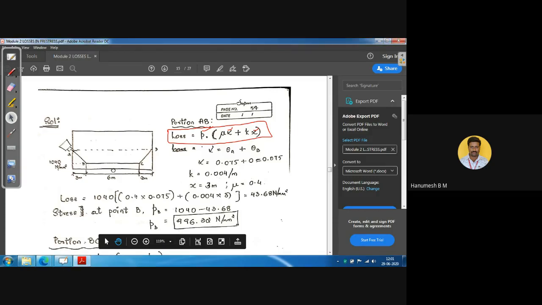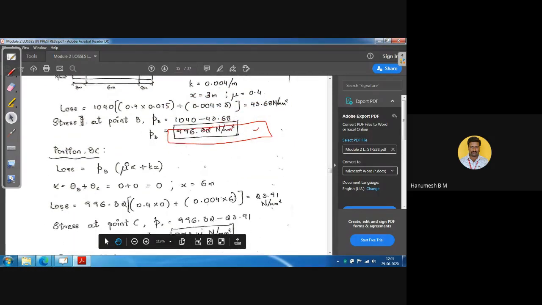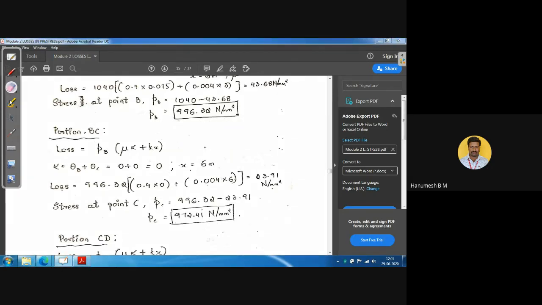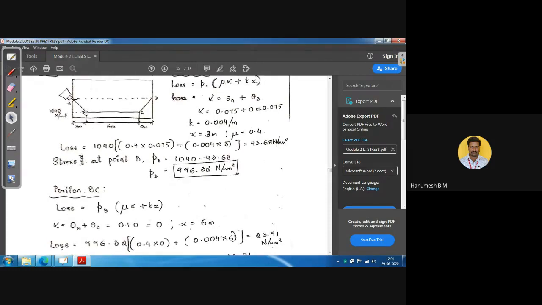Now I am going to consider the portion BC. For portion BC, the initial stress will be PB here. We consider this expression, loss is equal to PB into mu alpha plus Kx. Now for portion BC, alpha is equal to theta B plus theta C. Here there will be a horizontal portion, means no inclination of the cable with the horizontal.